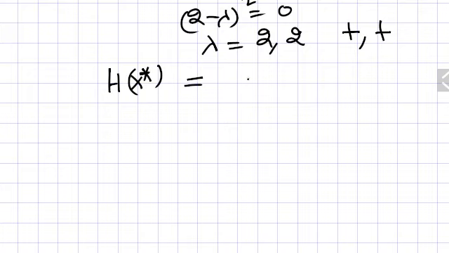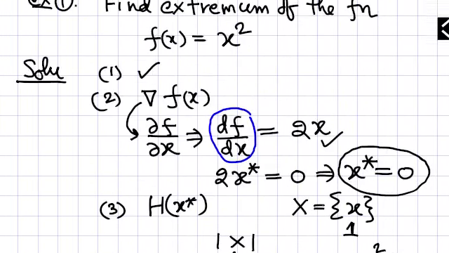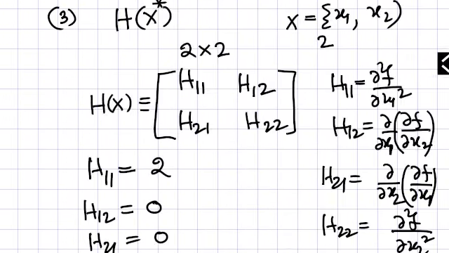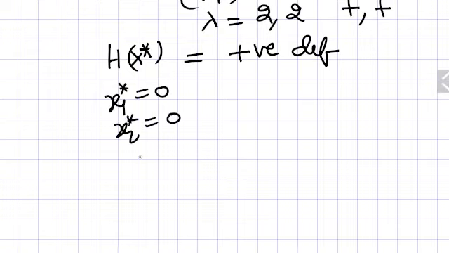This is positive definite. What it tells, if it is positive definite, then the condition said that it is minimum at that point. So you can decide that at point x1 is equal to 0 and x2 is equal to 0, your function is minimum.